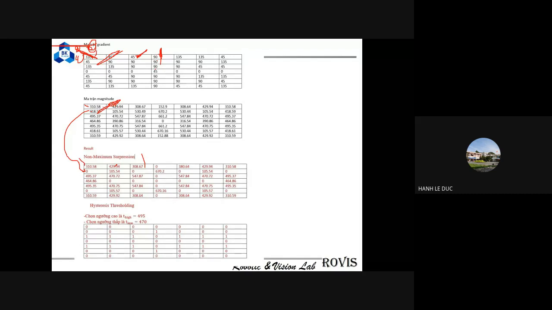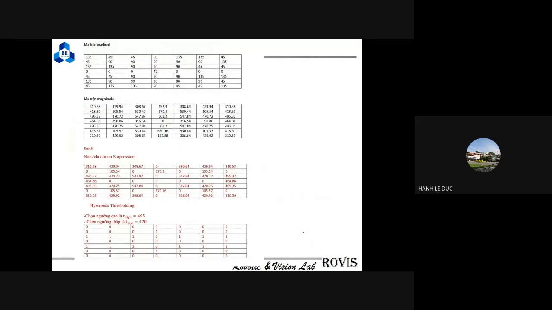From this one we have three values, and this one is biggest, so keep it. The 2 remaining become 0. This one becomes 0 and this one becomes 0. This one is similar. Just apply this and then you have this result.